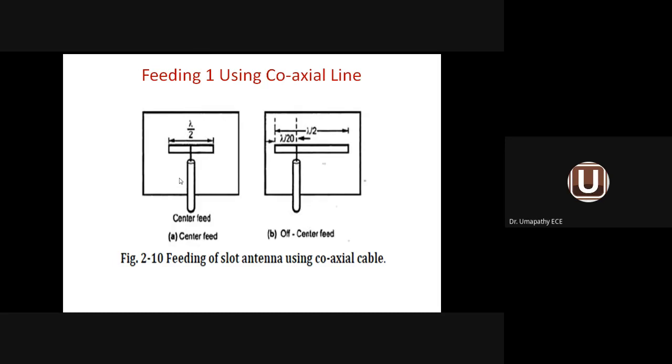There is no impedance matching between these two elements, one is the coaxial transmission line, another one is the slot antenna. To create an impedance matching, we are feeding the signal not at the center. Instead, we are feeding the signal off center, very near to the center. How do you determine off center? If the length is lambda by 2, your off center feeding point will be lambda by 20.